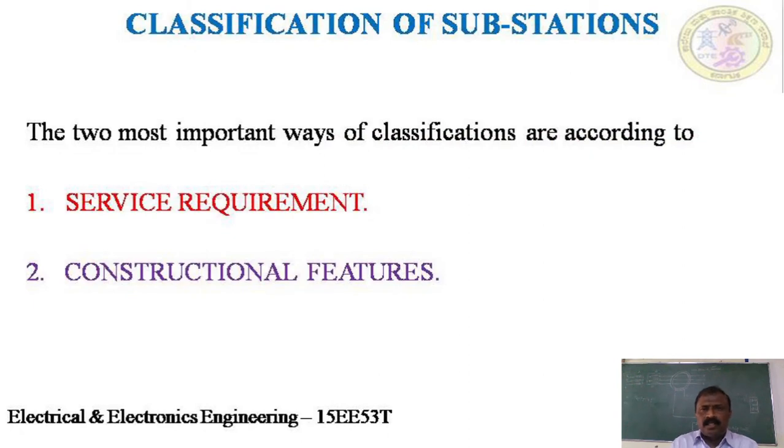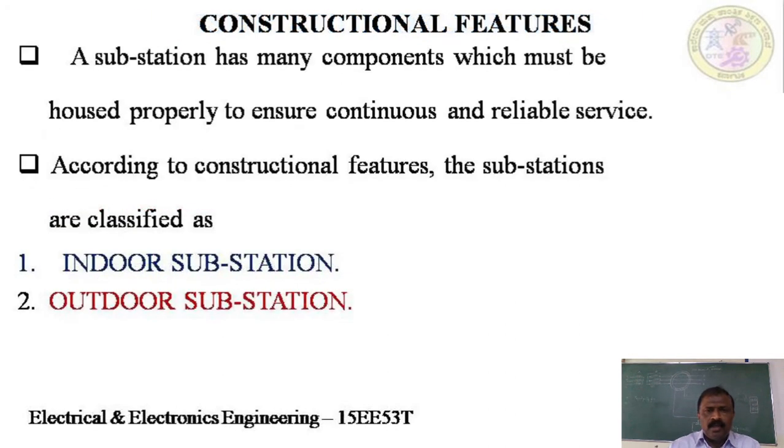Next we will see the classifications of substations. The two most important ways of classification are according to, one, the service requirements, and second, the constructional features. This is the basic classification of substations. First we will see the constructional features.